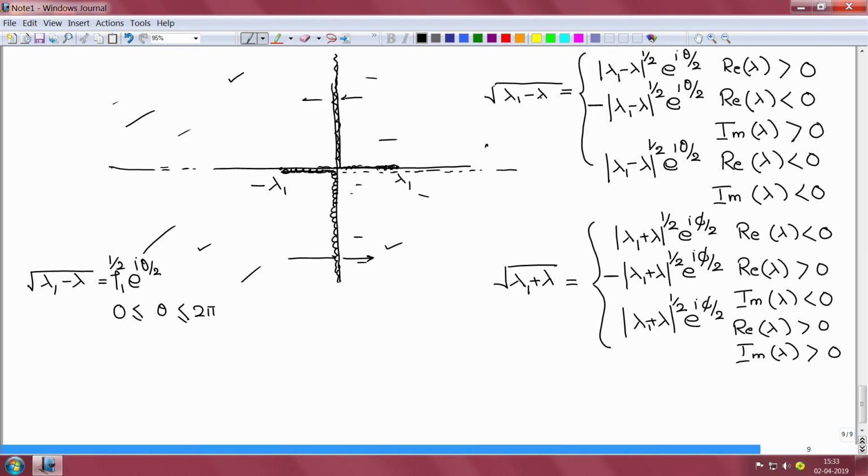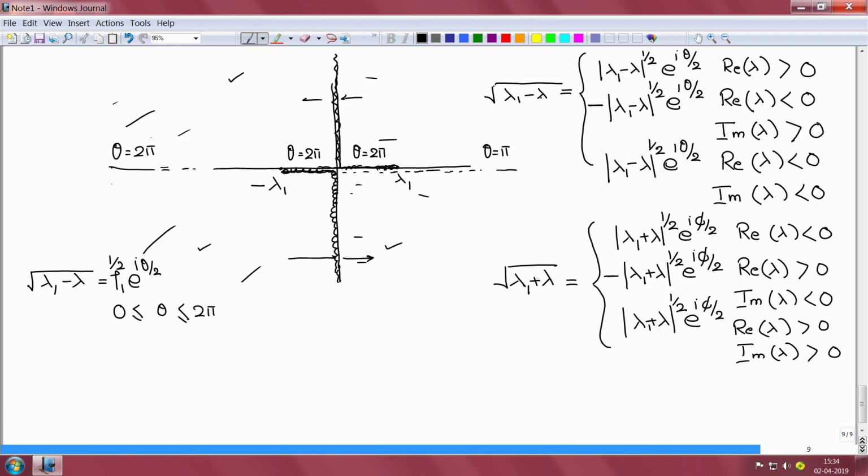Here my theta was equal to pi, here my theta was equal to twice pi, and here my theta was equal to twice pi.